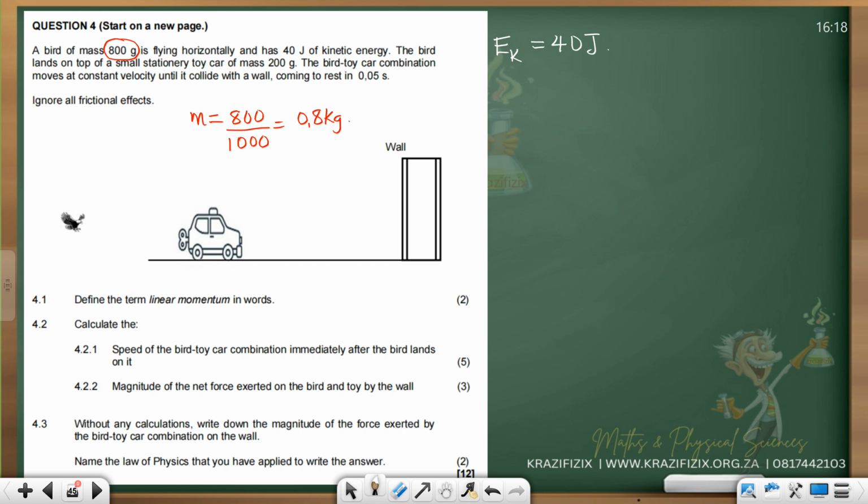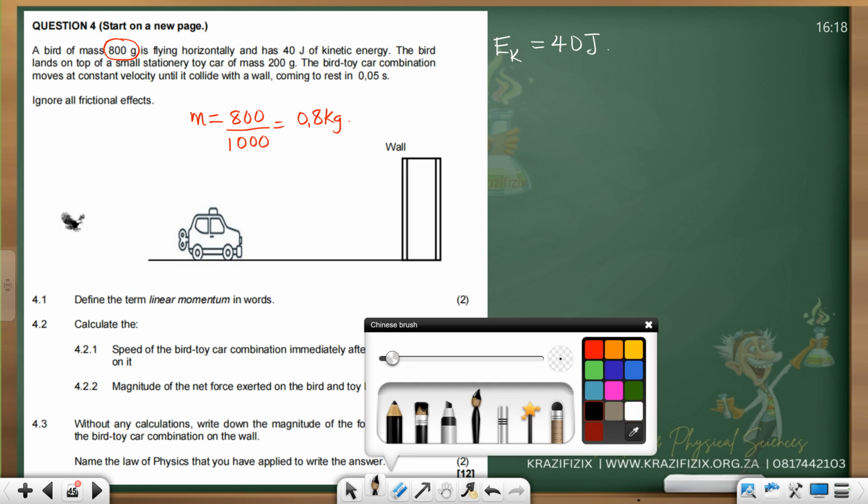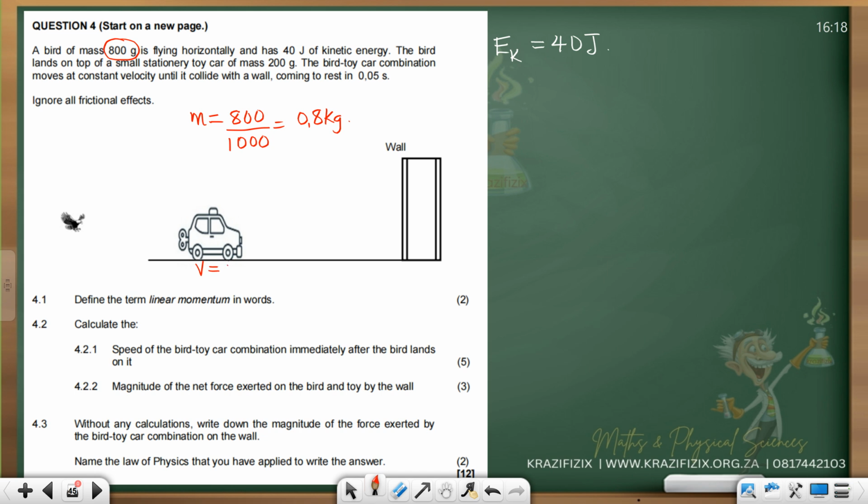Stationary tells us that the velocity there is 0. Of mass 200 grams. Again, we change the mass: 200 over 1,000.